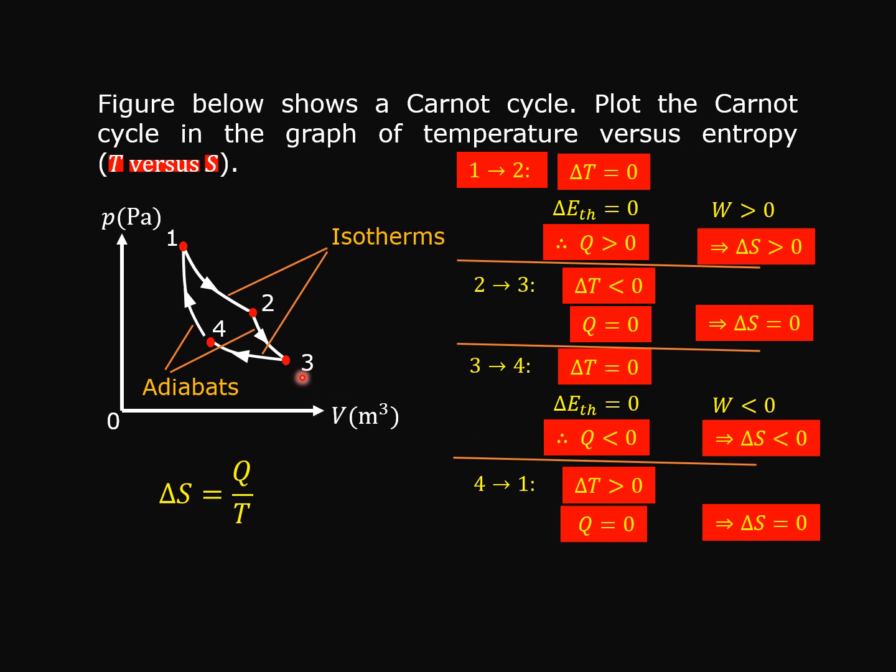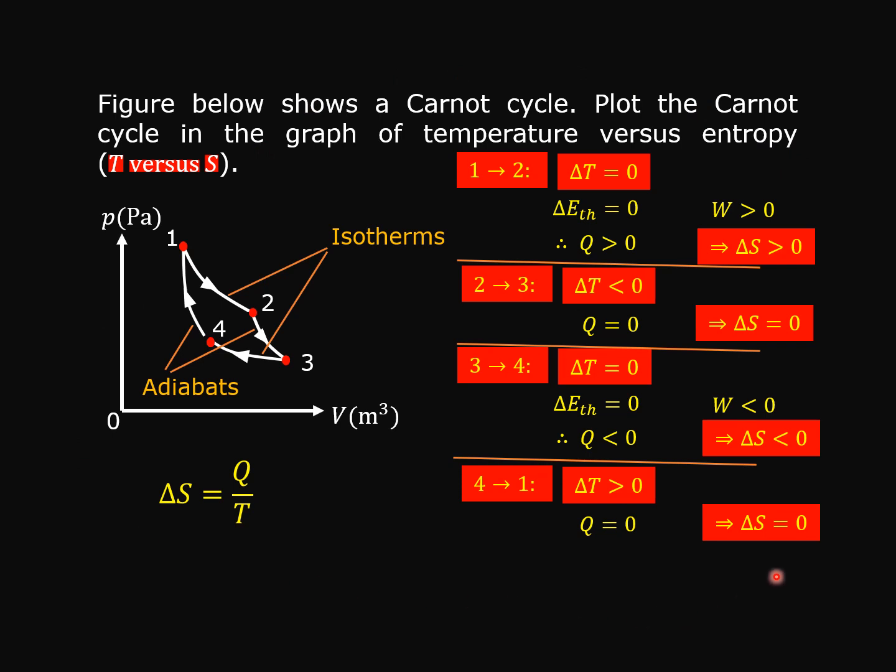So in the state 3 to state 4 process, the entropy is reduced. And from state 4 to state 1, since Q is equal to 0, again by the definition of entropy change, we have this entropy change equal to 0. For state 4 to 1, there is no entropy change.